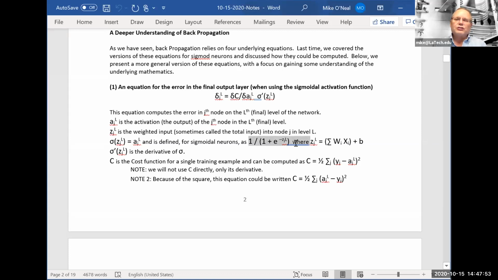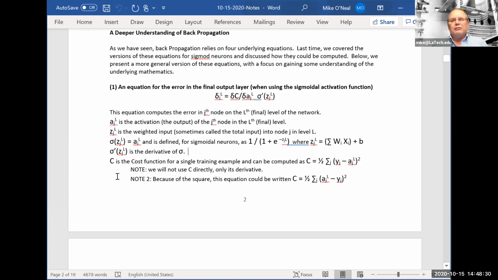Our sigmoid function is still defined like it's been defined since we first introduced it: 1 over 1 plus e to the minus z, where z for node J in level L is the weighted sum of the inputs plus the bias. That gives you the output for a single node, node J in level L. You put a prime there, that's just the derivative of that function.